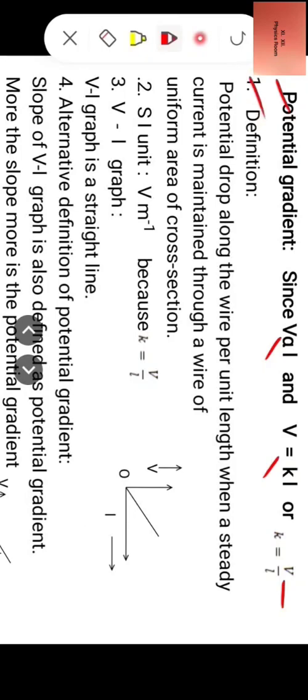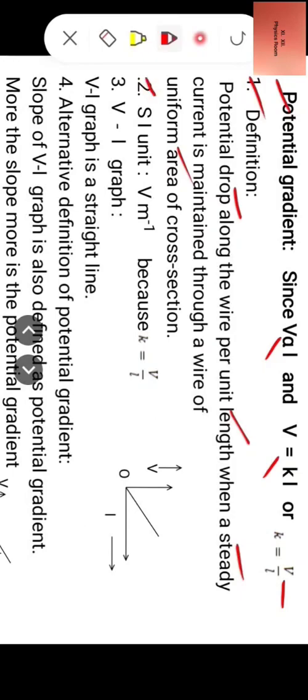First definition: potential drop along the wire per unit length when a steady current is maintained through a wire of uniform area of cross section. I repeat, potential drop along the wire per unit length when a steady current is maintained through a wire of uniform area of cross section is defined as potential gradient.